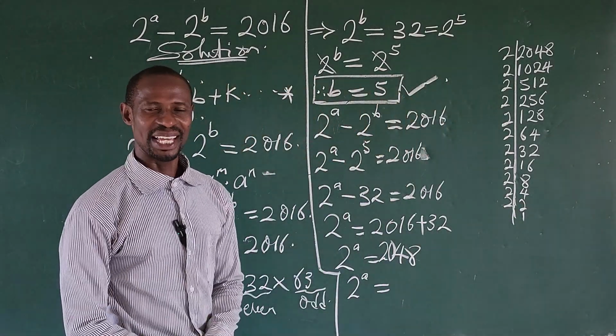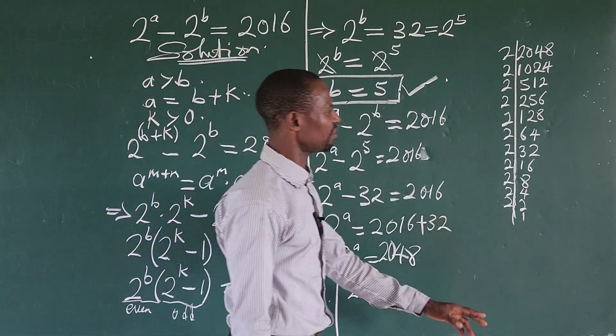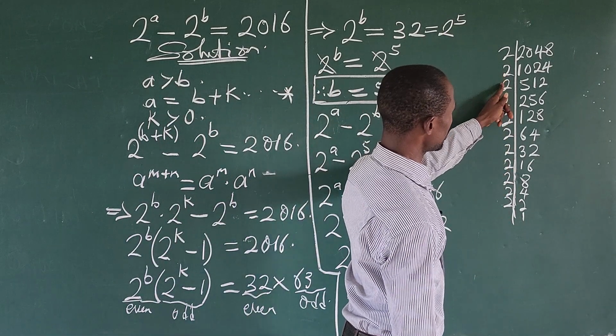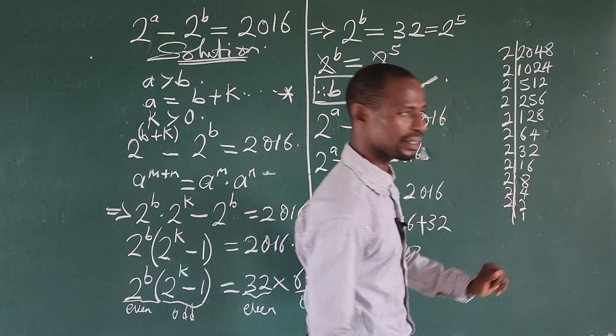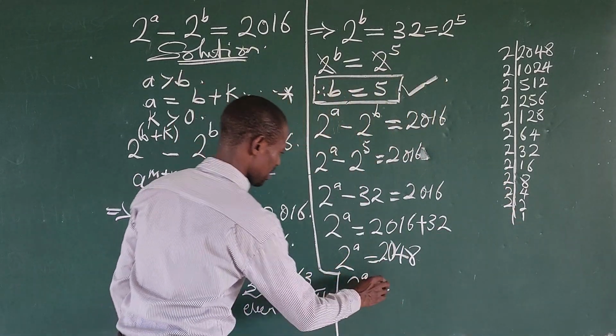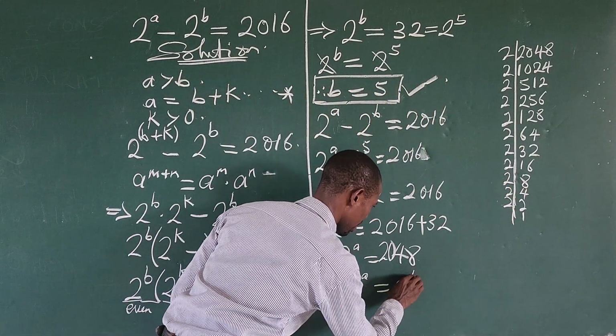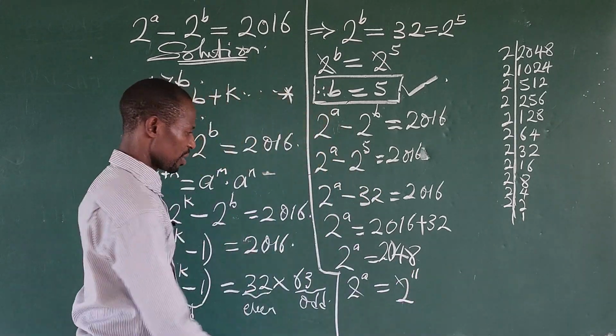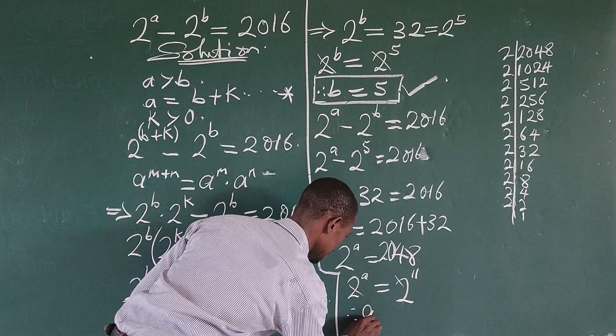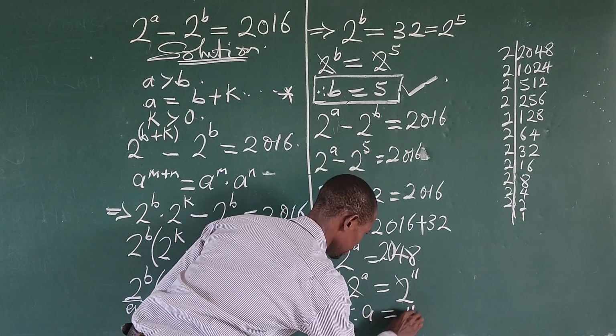So this number can be expressed in base 2. How many 2s do we have? 1, 2, 3, 4, 5, 6, 7, 8, 9, 10, 11. So this can be written as 2 to the power of 11. Since the bases are the same, therefore a is equal to 11.